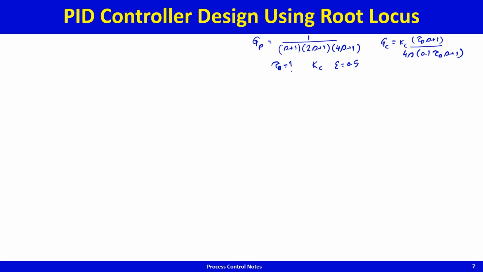If the rise time for a PI controller response is x minutes, I want the rise time with a PID controller to be x by 2 minutes, faster by 2 times. So S equal to 2 times the PI dominant pole must lie on the root locus.